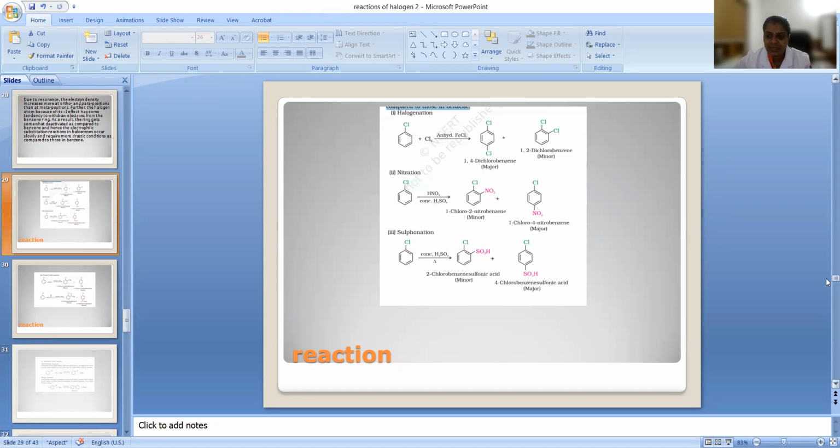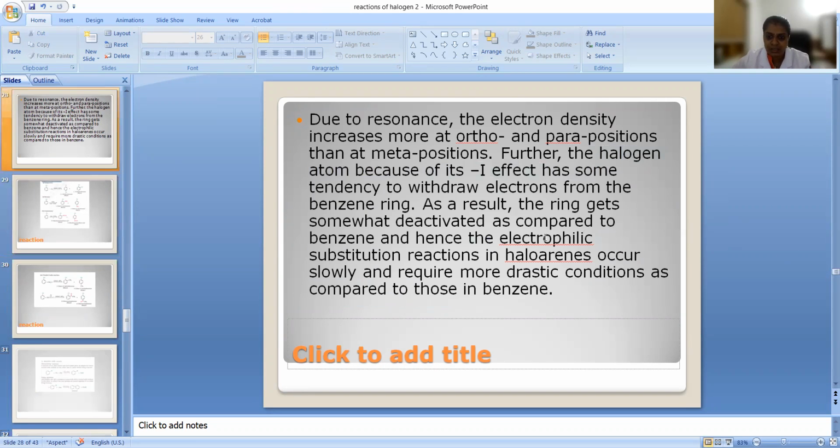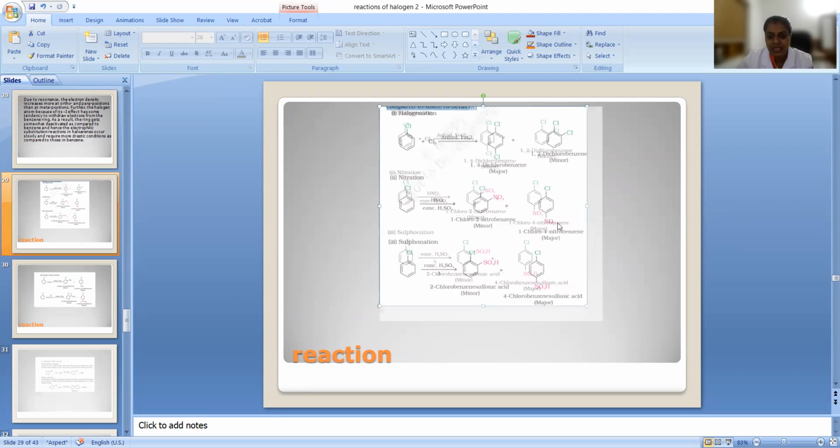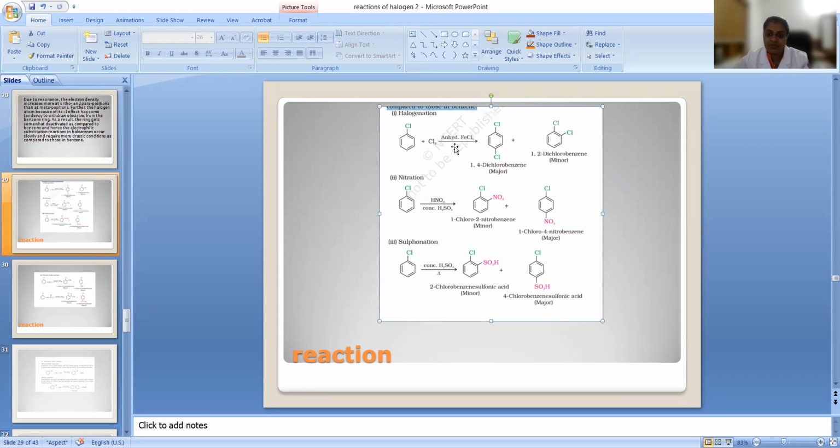Look here, there are some reactions. Halogenation will only take place in the presence of anhydrous FeCl3 and Cl2. So when Cl2 reacts in the presence of anhydrous FeCl3, what will happen? We will get ortho and para products.